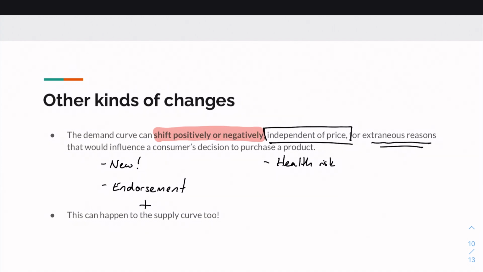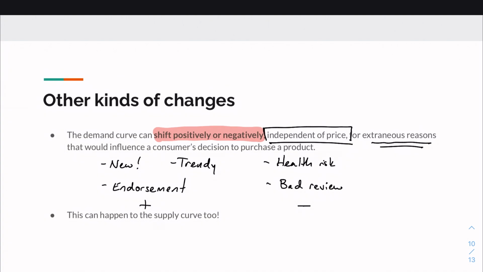So that's going to be a negative shift on the demand. Fewer people are going to want to buy that thing no matter how low you drop the price. Maybe there's just some kind of bad review. Things like trends. Maybe something gets really trendy. Maybe something becomes not trendy. Fidget spinners might be a really good example of this.